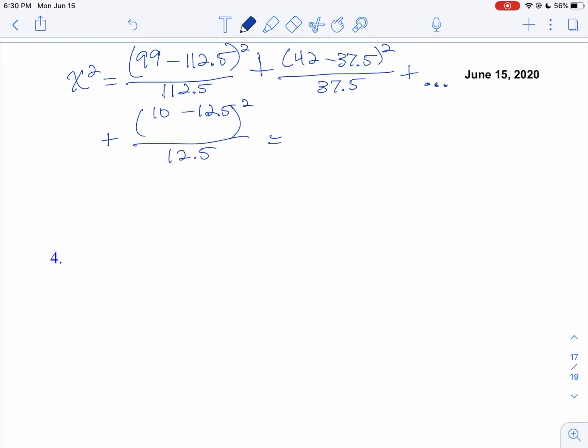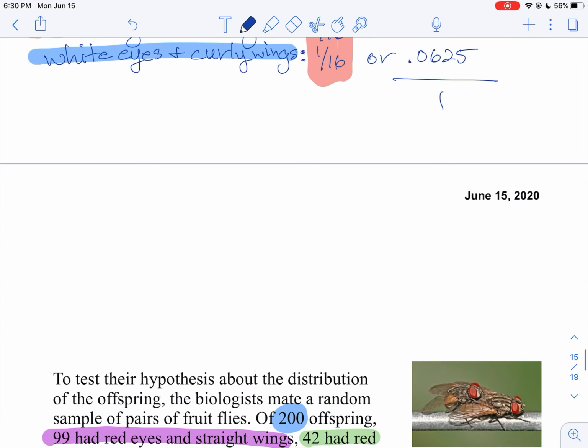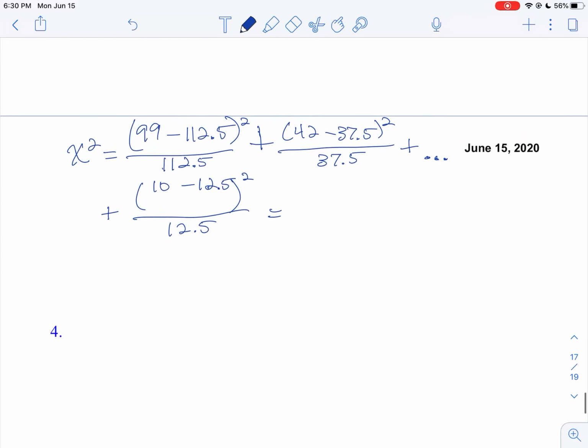And then I can pop these all into my calculator. So I go into my stat edit. You can clear out what we had in there from our die rolls. And we can put in, for list 1, the observed: 99, 42, and I think the third one was 49. Yeah, 49 and then 10.